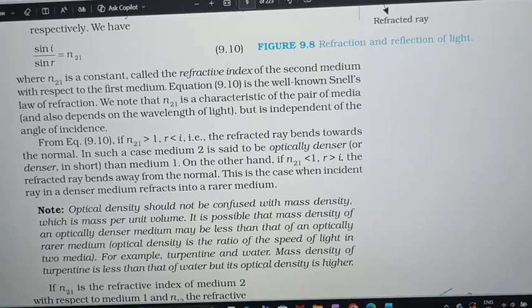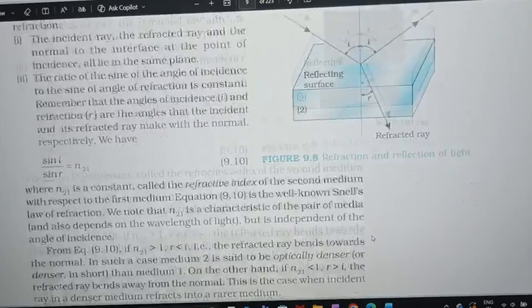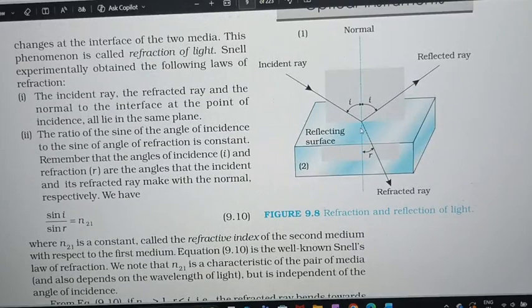That's what they've given here: the mass density of turpentine is less than water, but its optical density is higher. An optically denser medium is where the speed of light reduces. So compared to air, in a glass slab the light's speed will reduce, so the glass slab will be optically denser. The other medium, where the speed of light is more, is called the optically rarer medium.